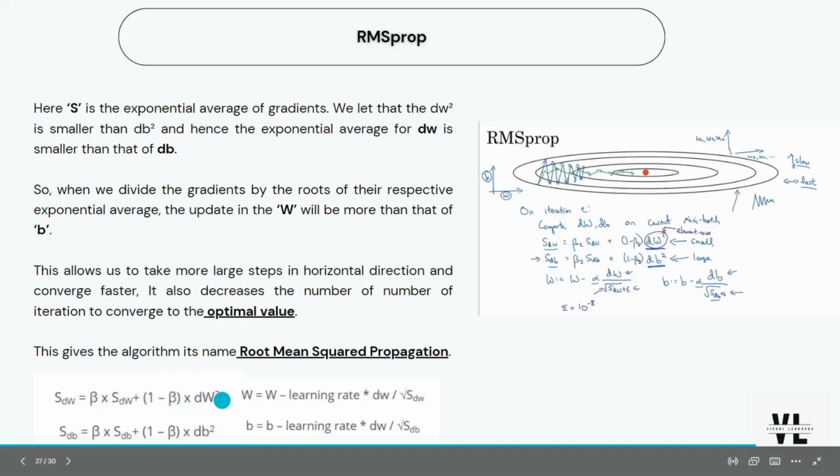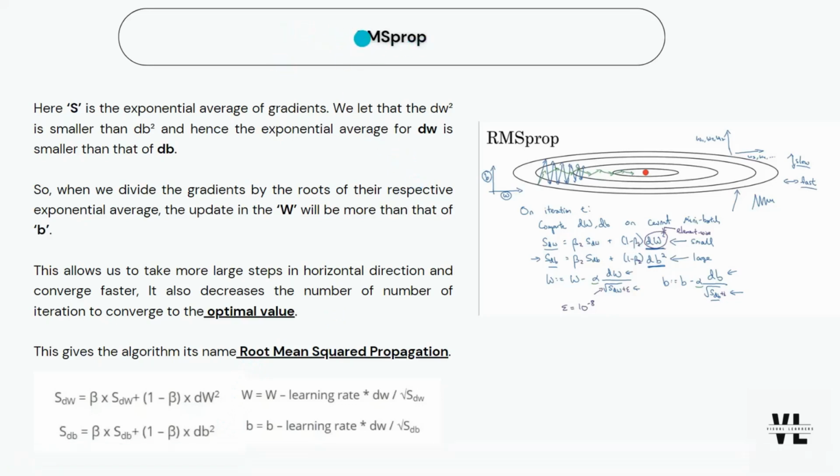We can see that dW previously was just a single value, but now we're squaring the gradients when we consider RMSProp.